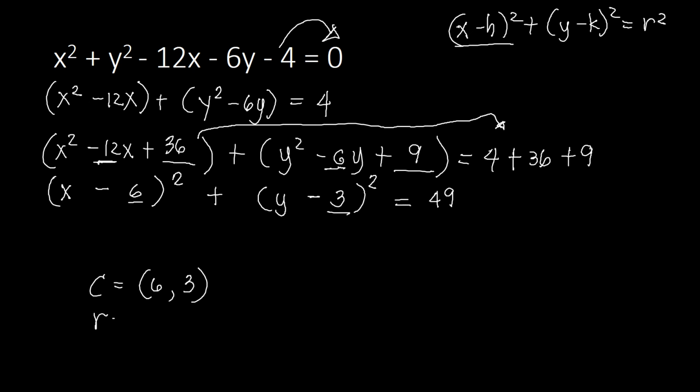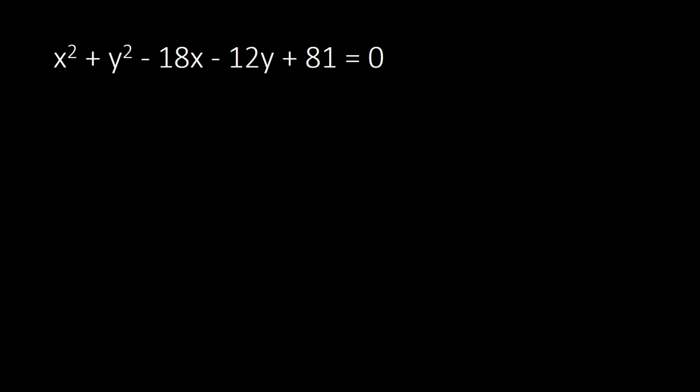Our radius there is 7. So that is how you convert general form to a standard form of the equation of the circle. So let's go to another example. You may pause the video and resume once you're done with your standard form of the equation of the circle.